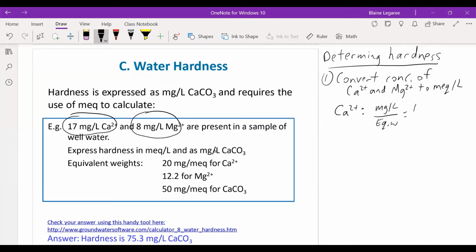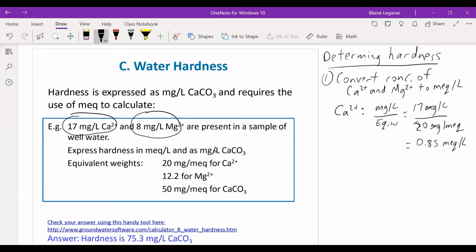In this case, we have 17 milligrams per liter divided by 20 milligrams per milliequivalent, and I get 0.85. If you take a look, my milligrams cancel out, and I get milliequivalent per liter.